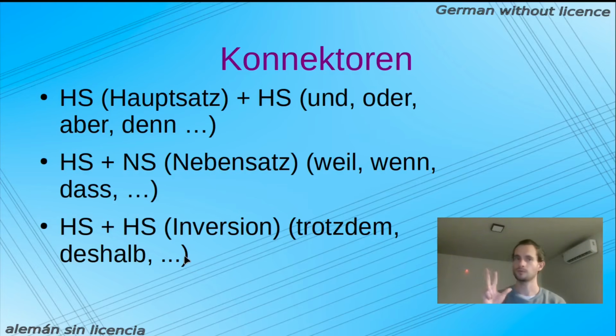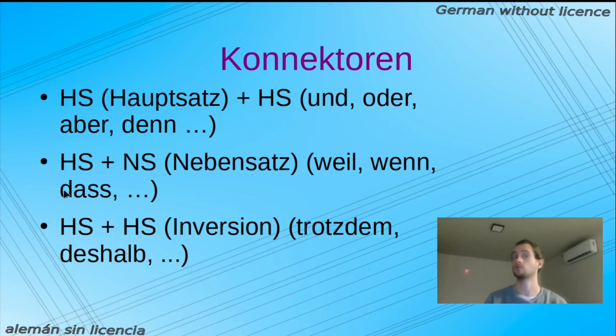The third group is the one which is connecting as well a main clause with another main clause, like the first group, but in this case you have to apply the inversion for the second main clause, which means you have to change the order. In which way, we will see later on. Examples are trotzdem, nevertheless, and deshalb, therefore.